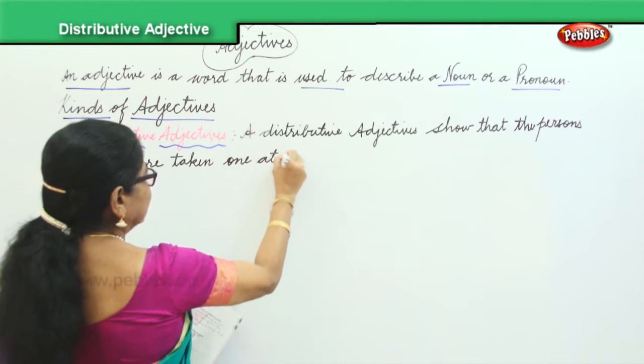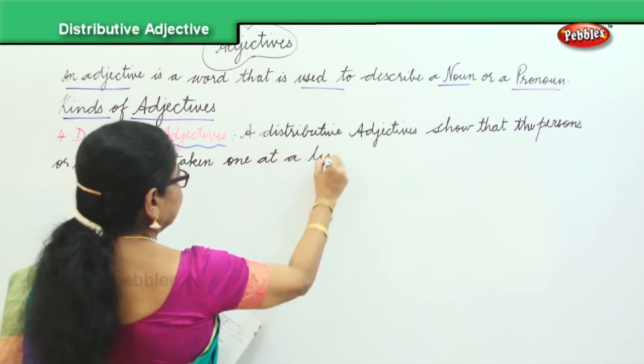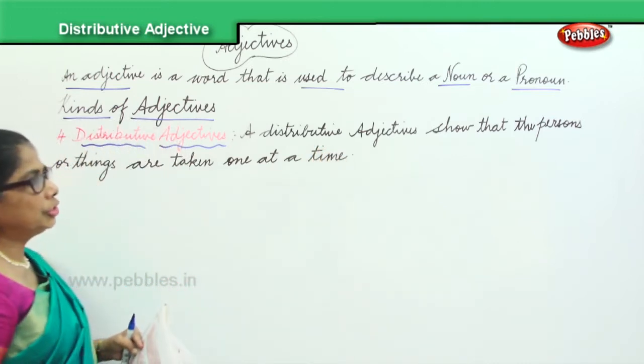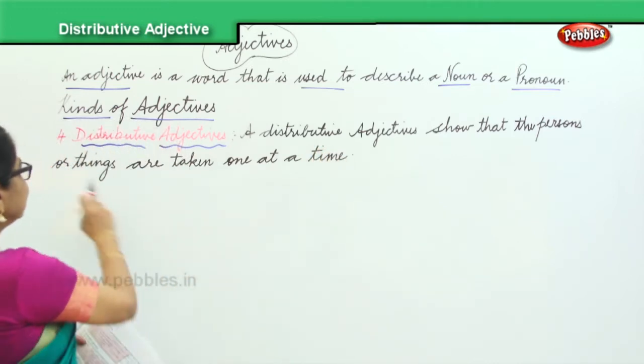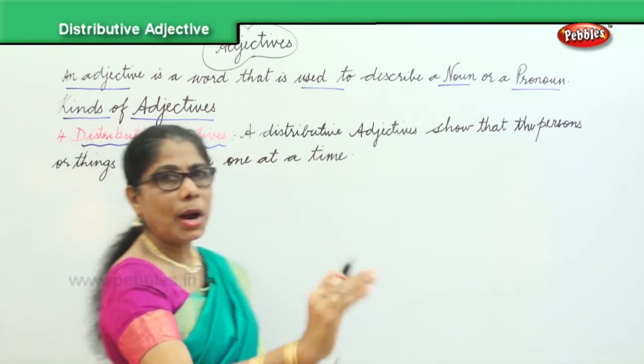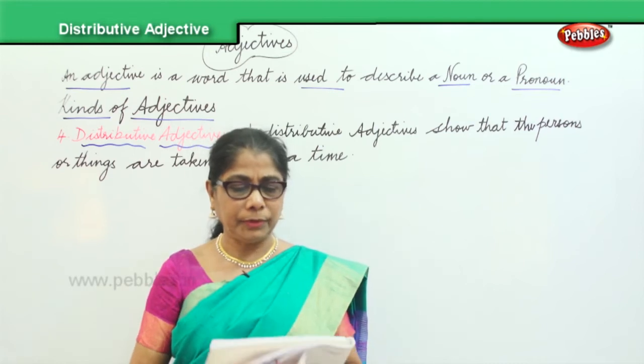One at a time. Distributive adjectives show that the persons or things are taken one at a time. Okay?